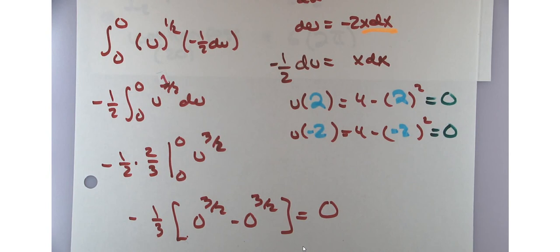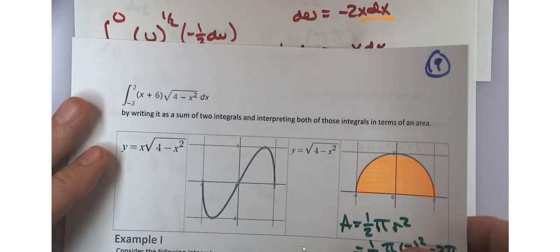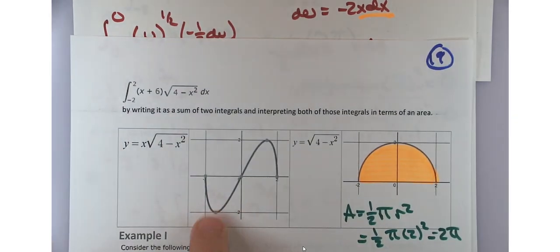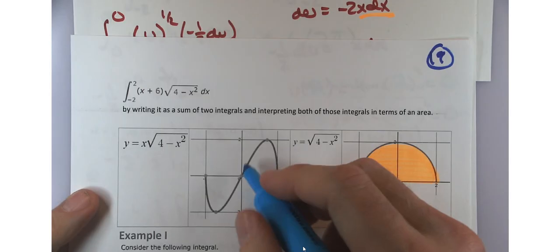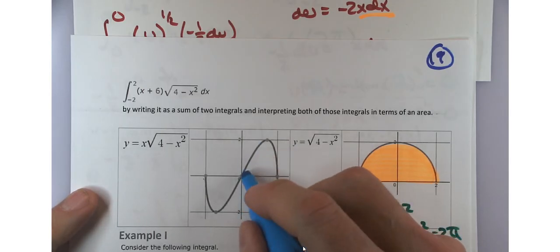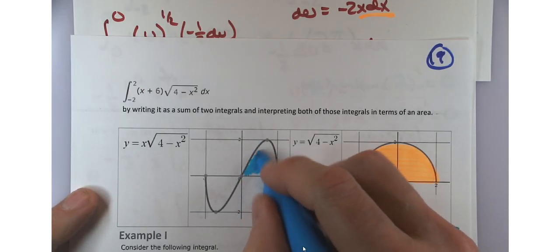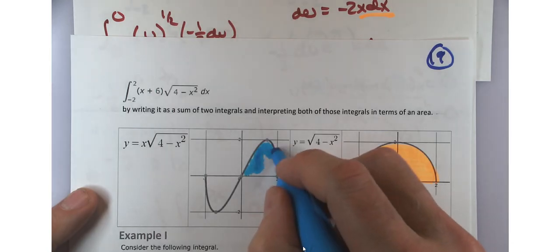Let's take a look at things graphically and understand what's going on. This is the graph of that function. You've got an area here. I want to find the area between the curve and the x-axis.